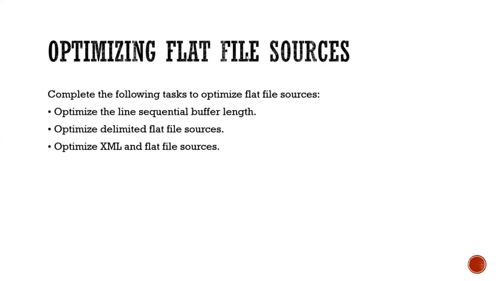Let me hide this part here. I hope it's visible. I was explaining sequential line buffer length, delimited file source, and examples. These things you can optimize according to your process. Okay, I'm moving to the next slide.